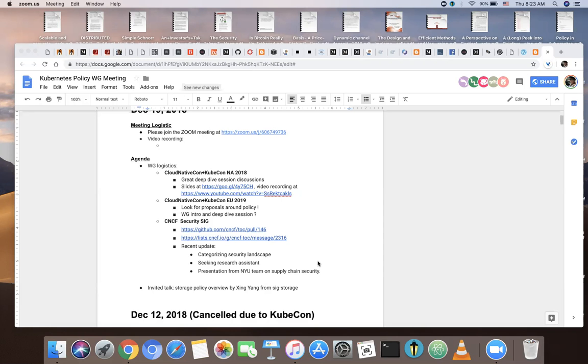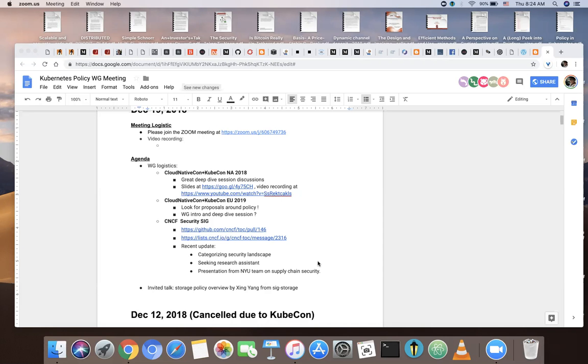Okay. So are you trying to find a unified way to describe all the different types of policies? We don't think we can have a unified way to describe the policy itself, but we are trying to find a way to describe the schema of the policy, meaning the way to describe the policy description.